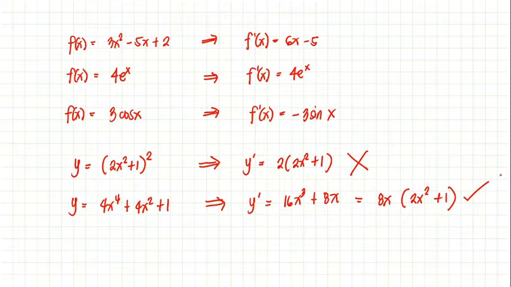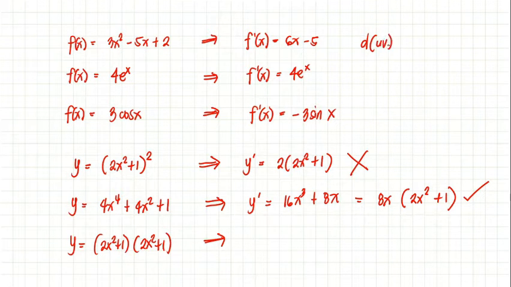Okay? Another way to solve this one is if we are going to use the product rule. We can have two factors, 2x squared plus 1 and 2x squared plus 1. Using the product rule, we will have, so the product rule states that the derivative of uv is equal to u dv plus v du, right? So this is your u, this is your v.